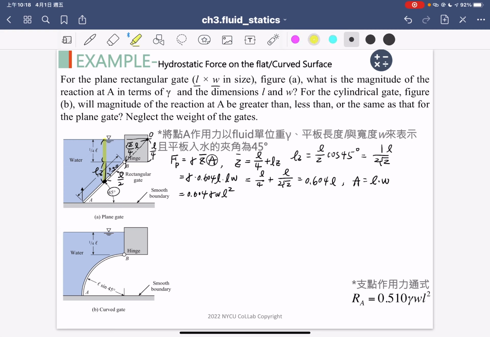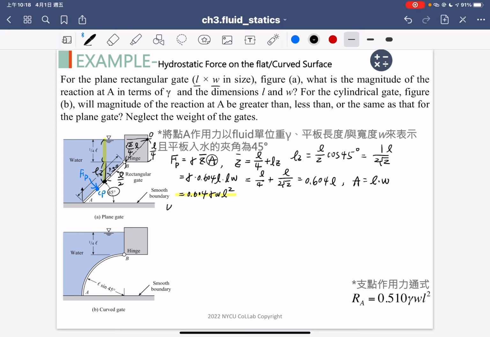So the second question is where the acting point of the pressure force is. Maybe I put the point here. This is the CP point. The pressure force FP acts on this CP point, so we need to find the CP value, because we don't know the CP length.